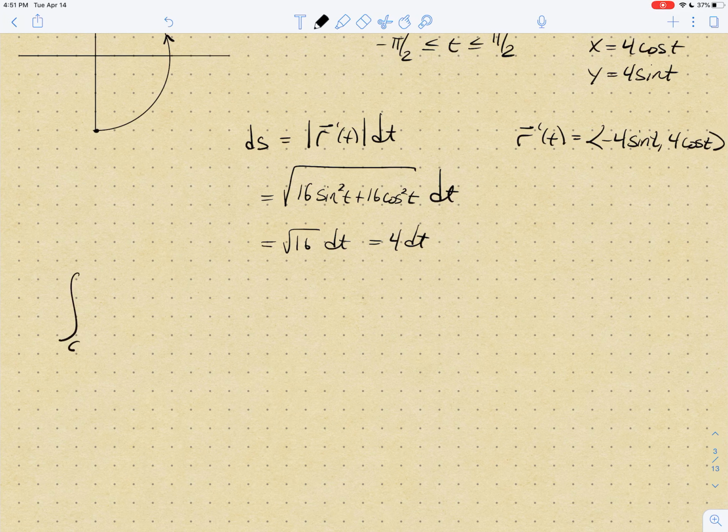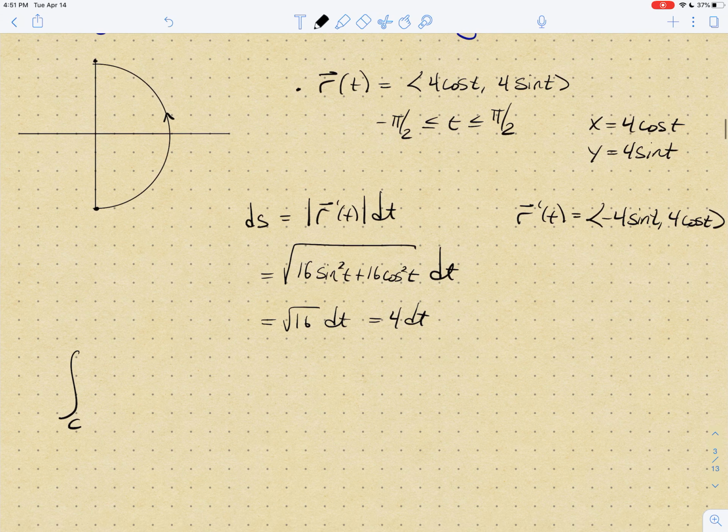So now we can say, okay, the integral that we want, which was, what was our function, xy to the 4th, the line integral of this function along c with respect to arc length becomes the integral from minus pi halves to pi halves. That's just your bounds on your parameterization. You plug your parameterization r of t into your function.